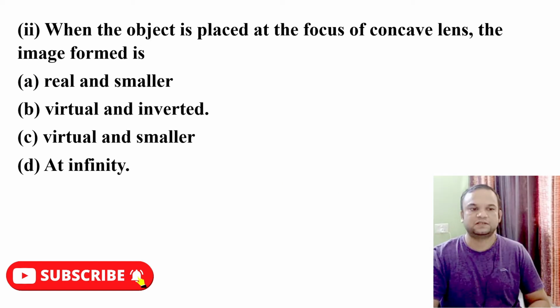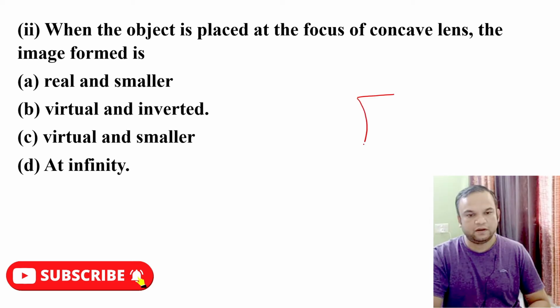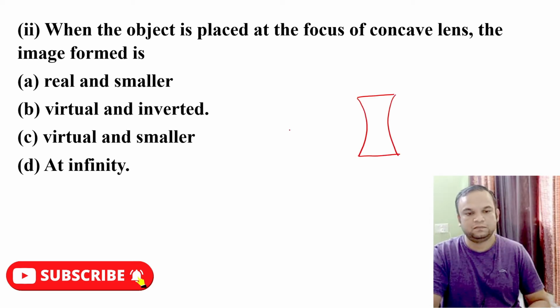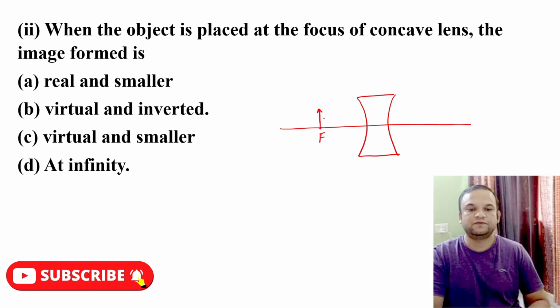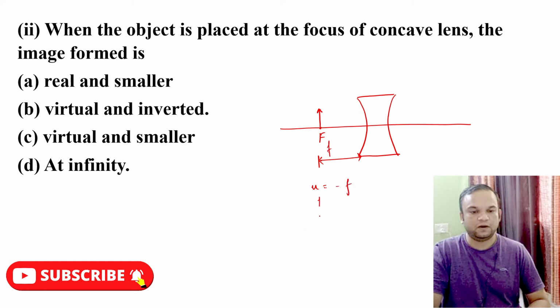Our next question is, when the object is placed at the focus of concave lens, the image formed is. Let us take a concave lens. If the object is placed at the focus of the concave lens, the image will be formed at infinity. If we use the lens formula, then u is equal to minus f, because this is the focal length, and focal length will be taken as f for the concave lens. v we have to find out.